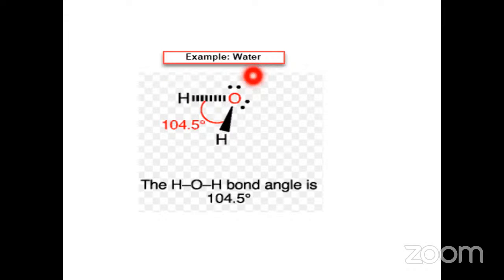Its shape is angular or V shape, and its bond angle is 104.5 degrees. The bond angle is reduced because oxygen has two lone pairs, and the lone pair repulsions are greater than lone pair-bond pair repulsions. That is why the bond angle is reduced to 104.5 degrees.